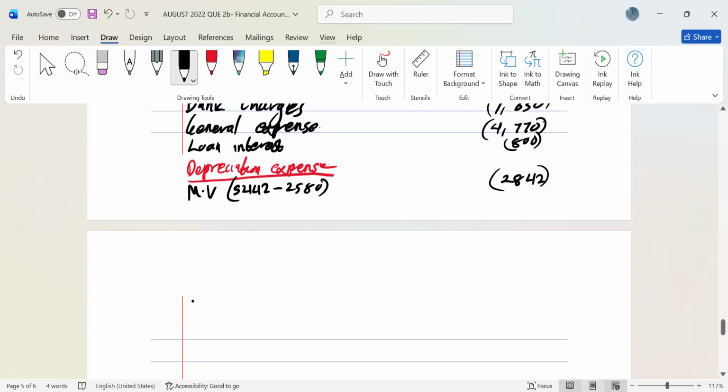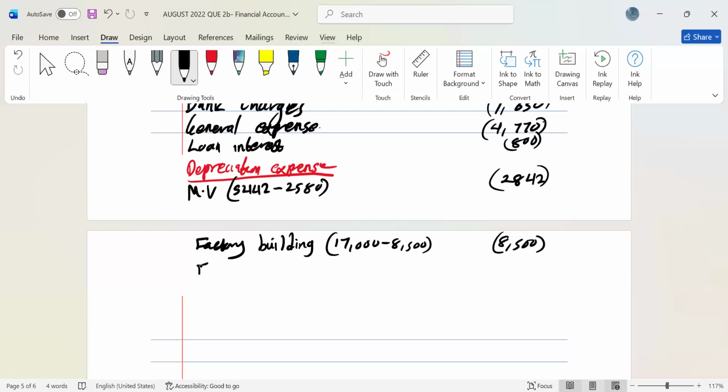What about factory building? You have 17,000 minus 8,500. So the difference, 8,500, becomes depreciation for the year.